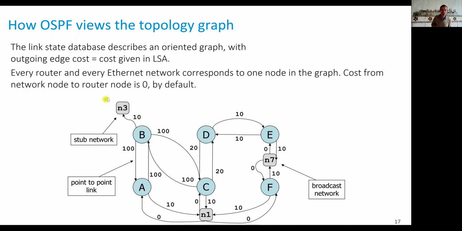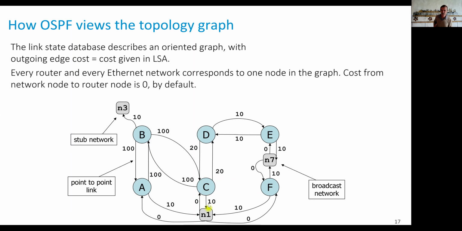Now, this is in reality how OSPF views the graph of the network. We've seen that shared medium networks are viewed as nodes. In fact, we've seen that C speaks for N1. So we'll have a graph where those nodes also are virtually present.